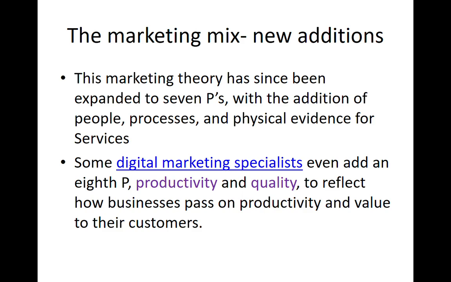Then there are also processes. The other P is process. These are procedures that one has to undertake in production, the step-by-step processes that one needs to undertake to have a good quality product. Even processes of buying. If there's a process of purchasing, what should the customers do?